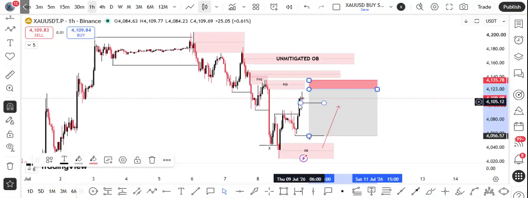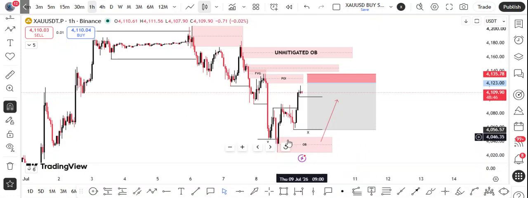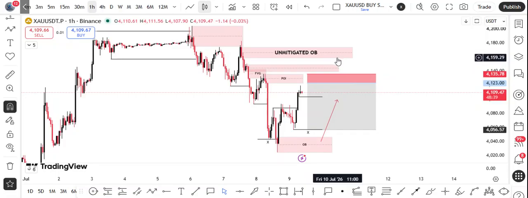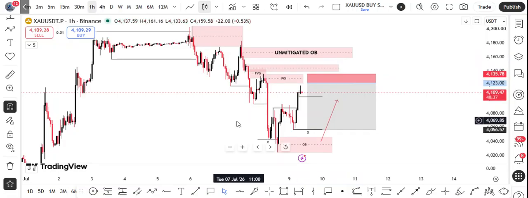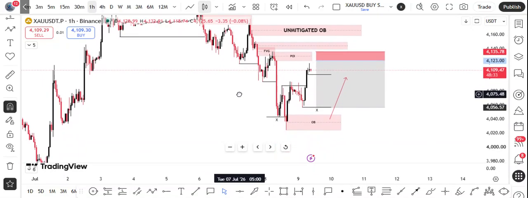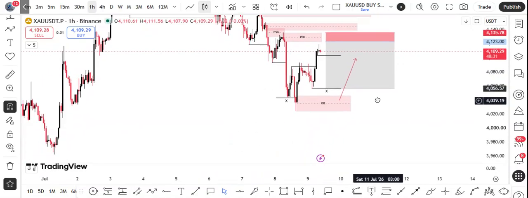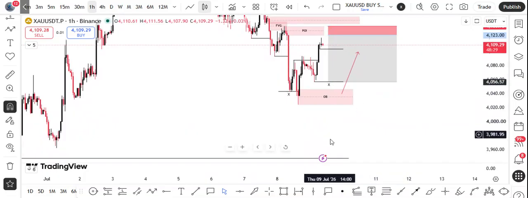If this market does not produce a lot of liquidity down here, because from here we have our unmitigated order block, meaning we might face the market back to the upside. But that being said, it can also allow us to continue the flow downwards.